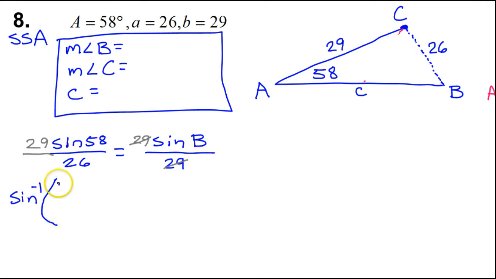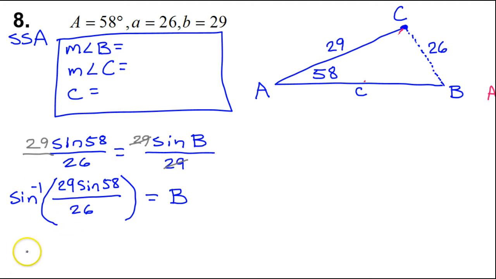So I'm going to do the inverse sine of 29 sine 58 over 26. And that will give me angle B. So I'm just going to put all of this in my calculator at once. I got 71.067 for angle B.